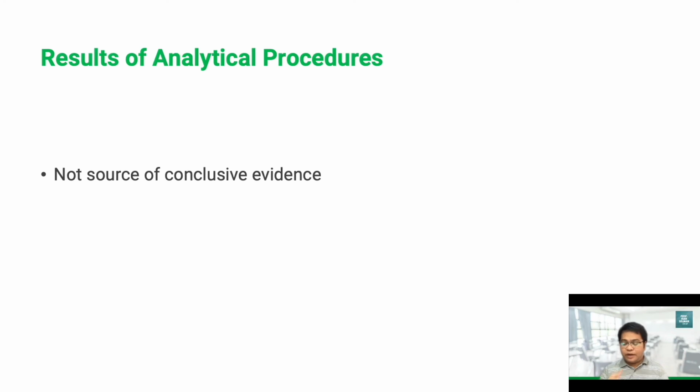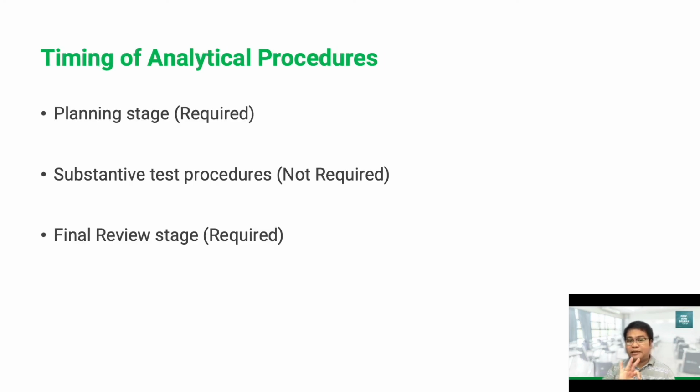That is why we perform analytical procedures at 3 points in an audit engagement. The first one is during the planning stage, wherein it is part of the required audit procedure. In the planning stage, we perform analytical procedures to obtain and enhance our understanding of our client's business, and to assess the risk of material misstatement in line with the objective of the risk assessment procedure.